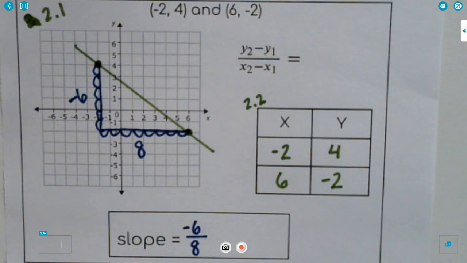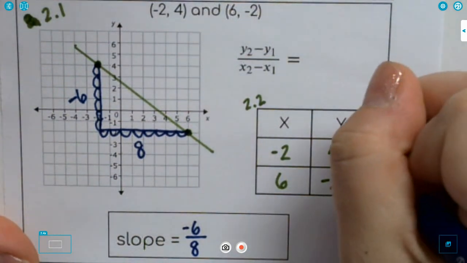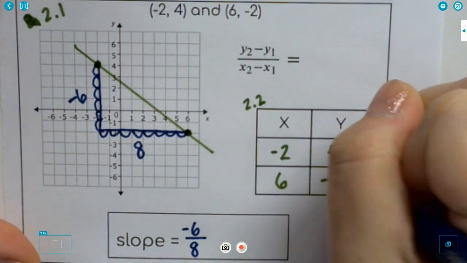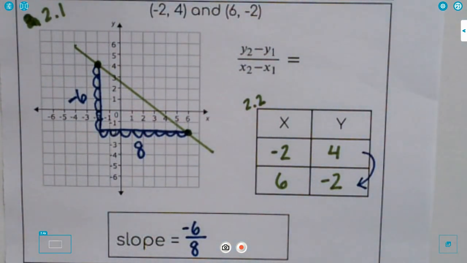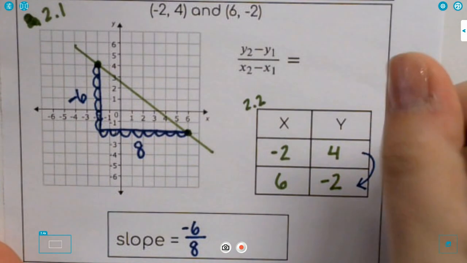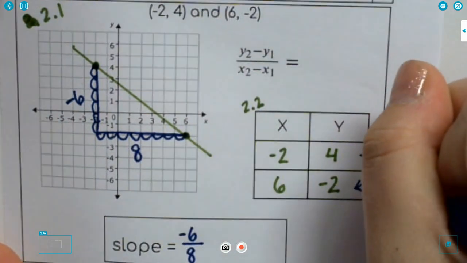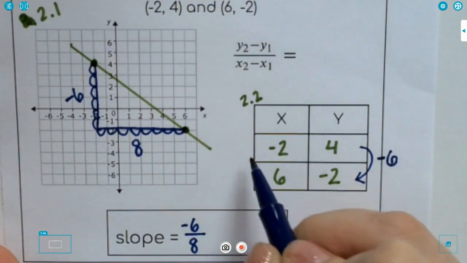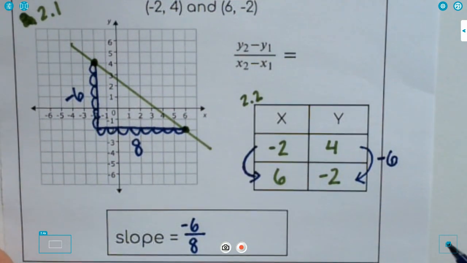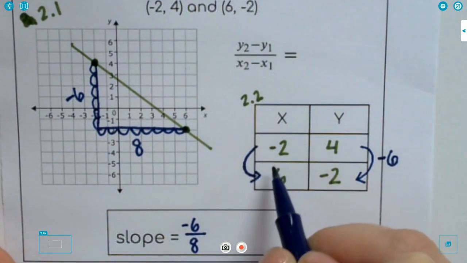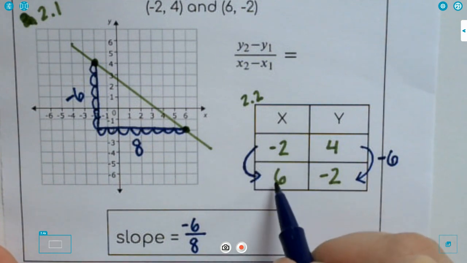Okay, we need to find the change in our y values. So the change in our y values to go from 4 down to negative 2. We go down 4, 4, 3, 2, 1 to get to 0. And then we go down another 2. So it's minus 6. And then from negative 2 to positive 6 for our change in our x values, it would take us 2 to get up to 0 and then 6 more to get up to 6.